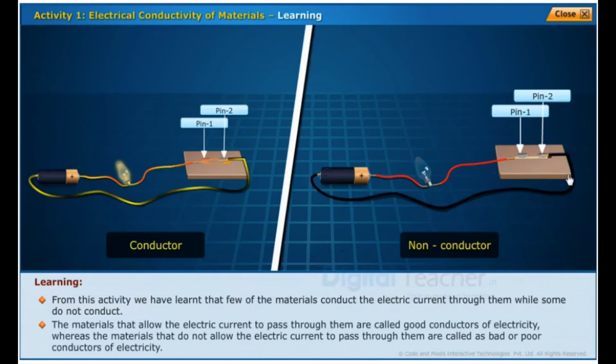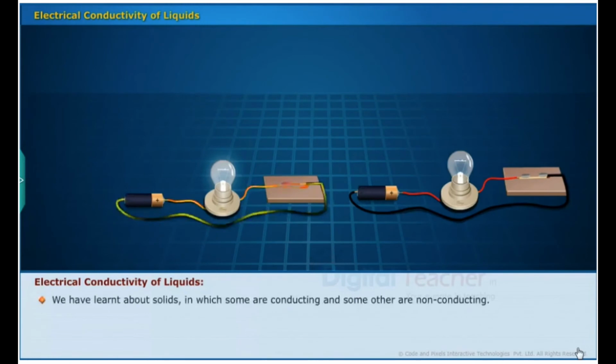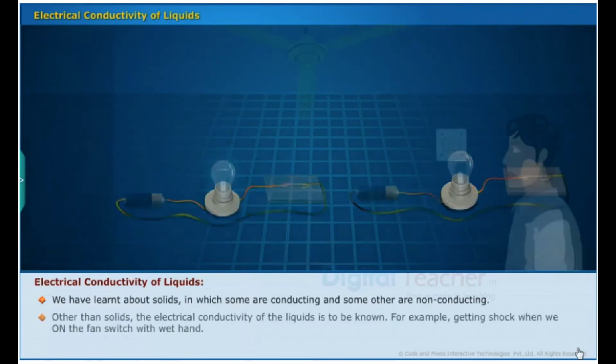The materials that allow the electric current to pass through them are called good conductors of electricity, whereas the materials that do not allow the electric current to pass through them are called as bad or poor conductors of electricity. We have learnt about solids, in which some are conducting and some others are non-conducting.